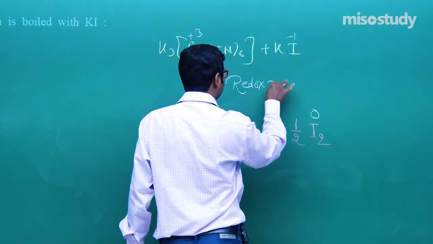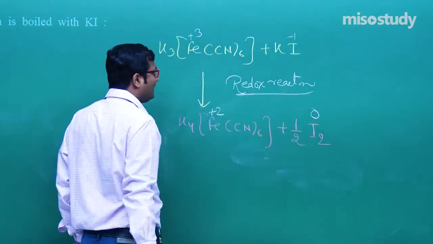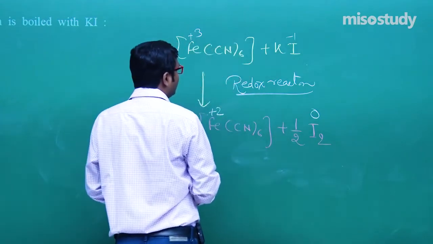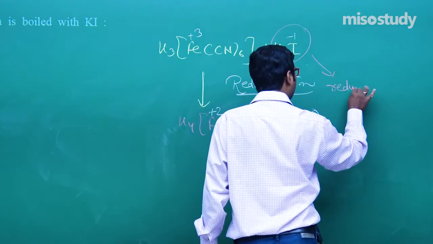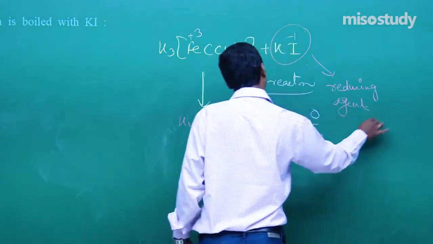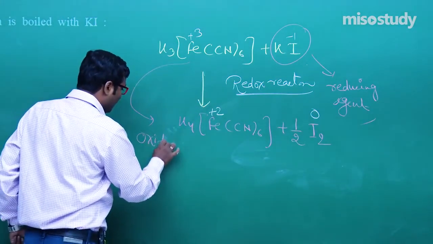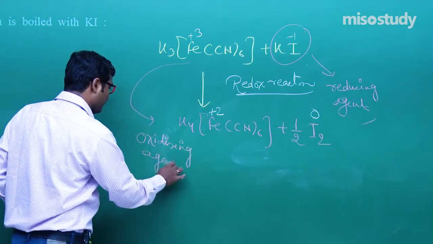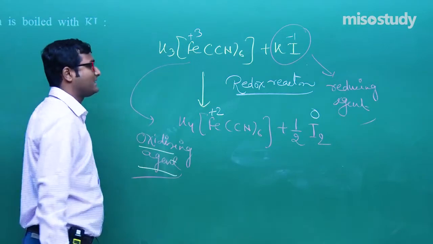Here the iodine in KI has increased its oxidation state, so it acts as a reducing agent. Clear to you? And if it is a reducing agent, then the other is definitely an oxidizing agent.